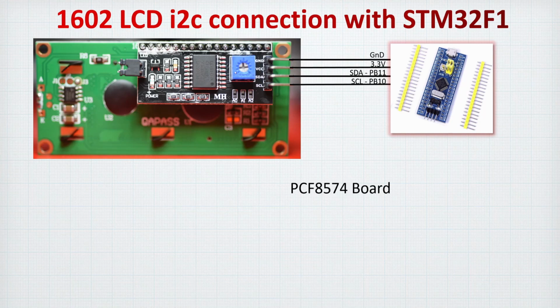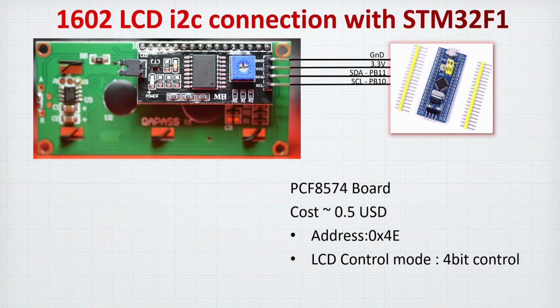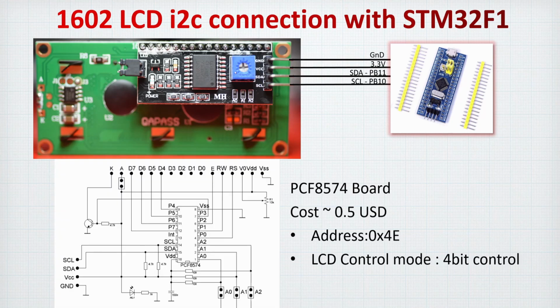After that, we have to take a look at this PCB board. It's very cheap, like $0.5 US dollars, and the address, as we said, is the hexadecimal 4E. After that, the LCD control mode, as we are going to see here, will be the 4-bit control. So this is the circuit, how this is communicating, and you can see that P0, P1 and P2 are respectively the RS, RW and E connections with the LCD, while P4 to P7 are D4 to D7 for the LCD.